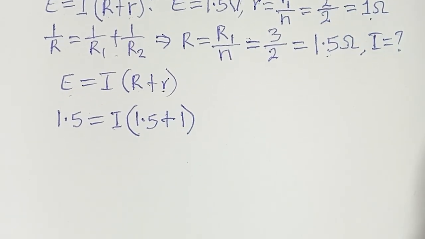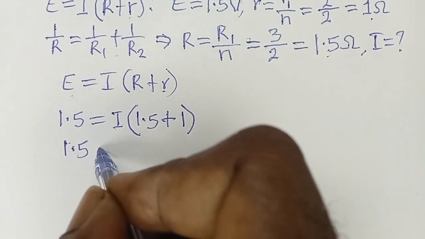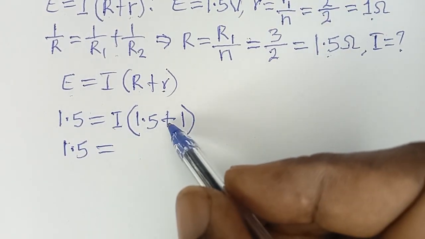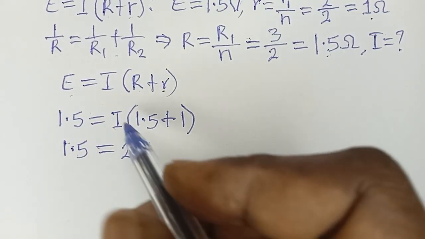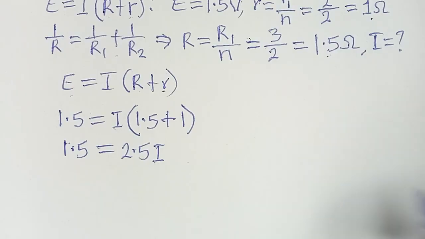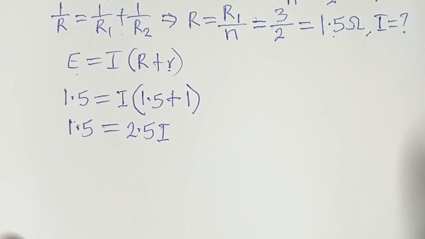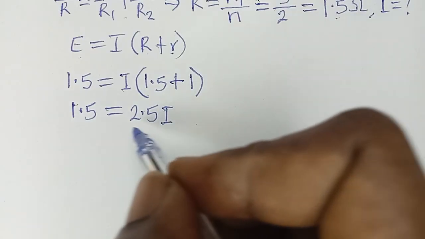Then we can simplify further: 1.5 is equal to 2.5 multiplied by I, the current. For me to get the value of the current, I divide both sides by 2.5.